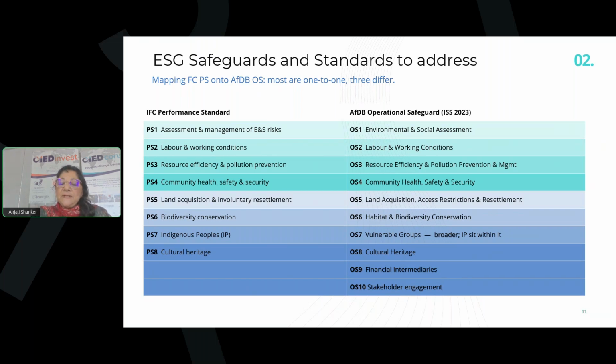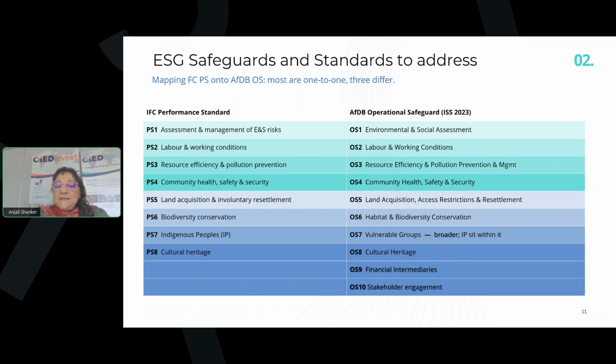The African Development Bank safeguards insists particularly on stakeholder engagement, which is the operational safeguard number 10. In the IFC performance standard, this is included in performance standard 1, assessment and management of environmental and social risk. African Development Bank makes a difference between these two, and we'll see as we go through what is suggested in the guidance that stakeholder engagement really is one of the cornerstones of successful and sustainable mini-grid management and implementation.